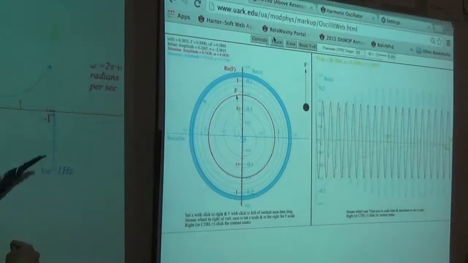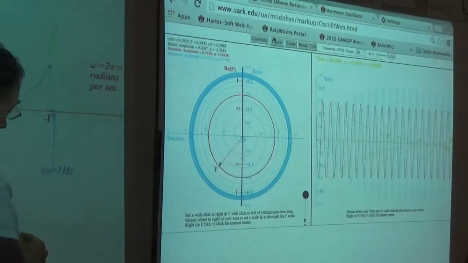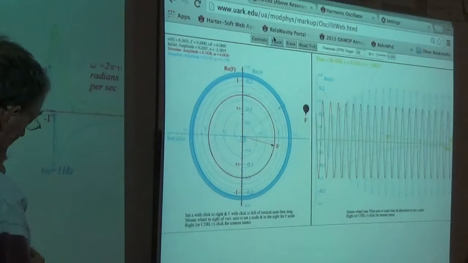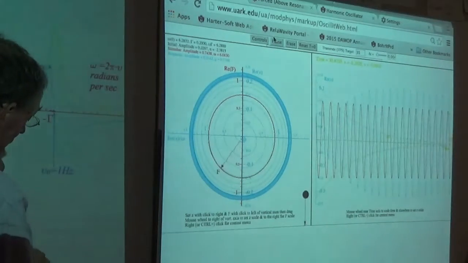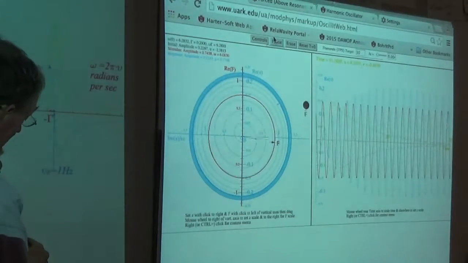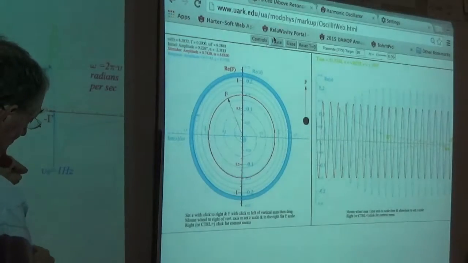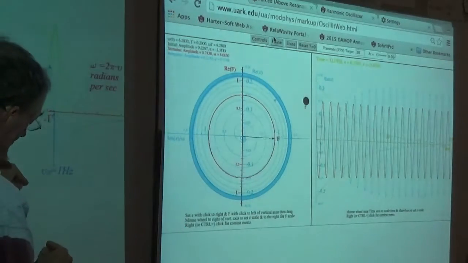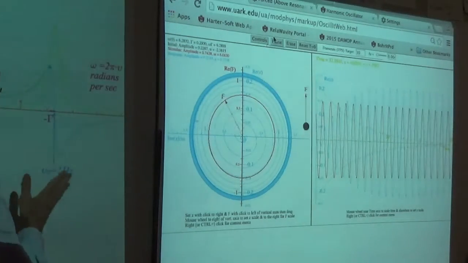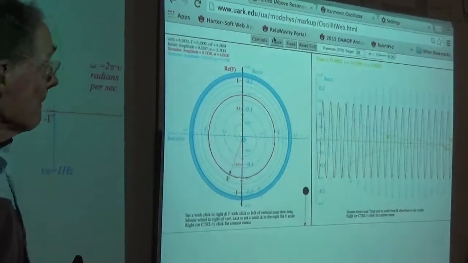But if the force is in phase with a response, that is, every time the force goes up, the response goes up, and then every time it goes down, they are just going to produce a straight line that overlaps with itself. But if the force leads the response a little bit, in other words, it goes up and then this thing goes up a little bit later, then you get an ellipse. And the area of that ellipse is the work done by the force on the system.